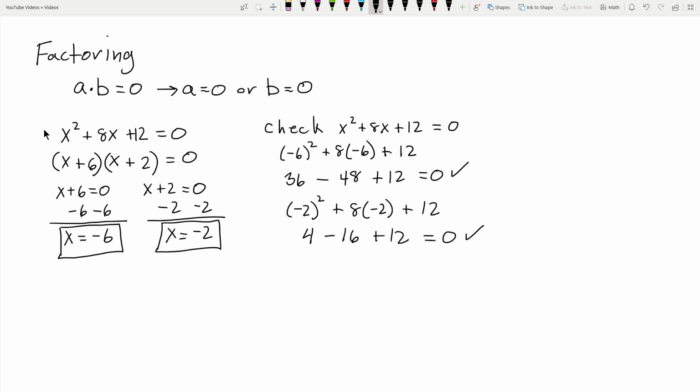All right, so as long as you can factor your quadratic, you can find solutions. All right. Now, what you're going to have to do to factor may vary, but basically that's the technique.